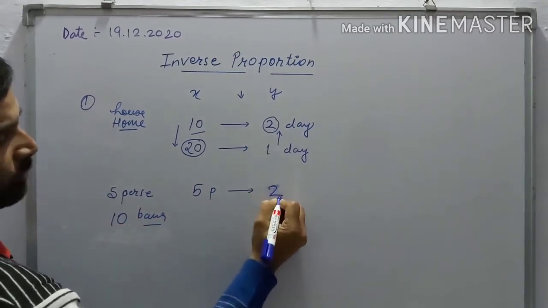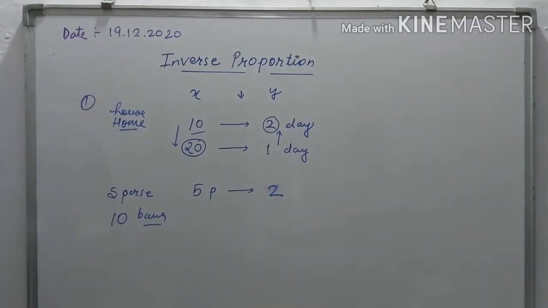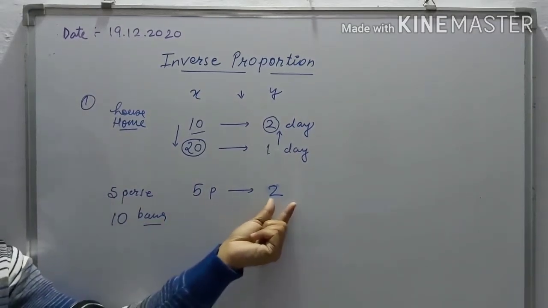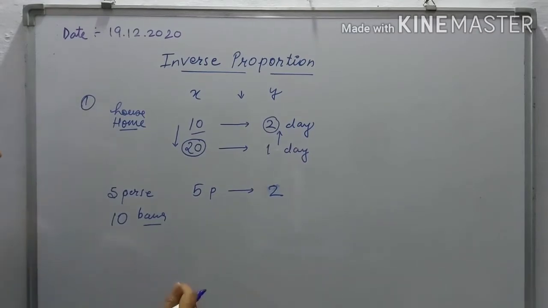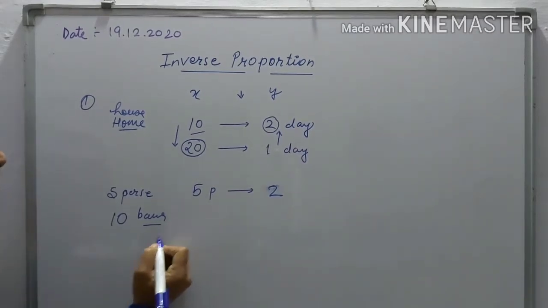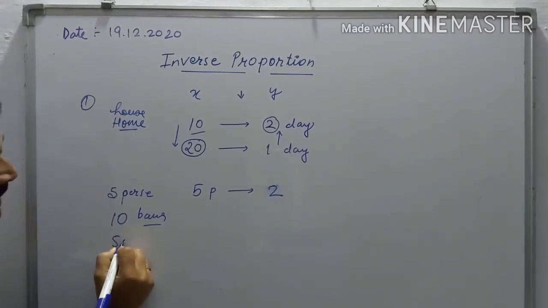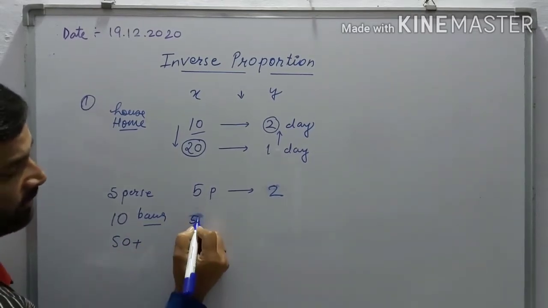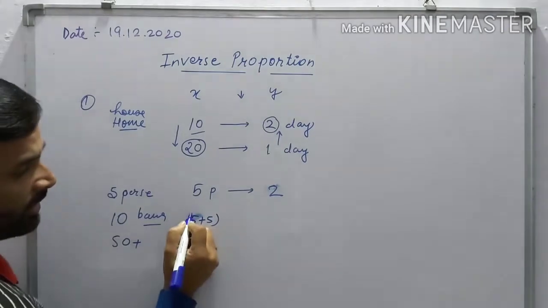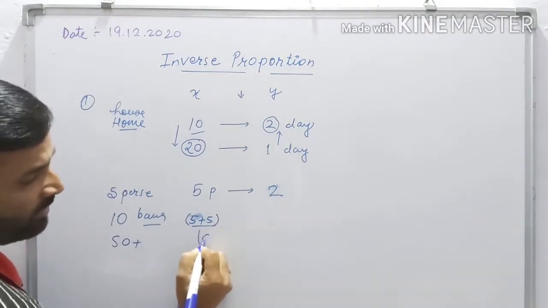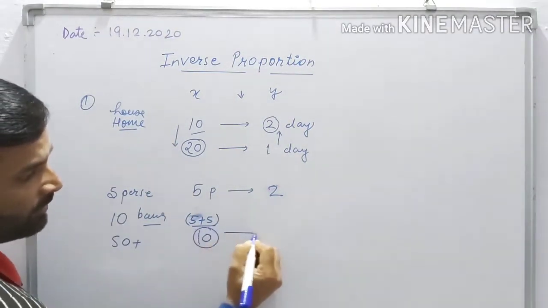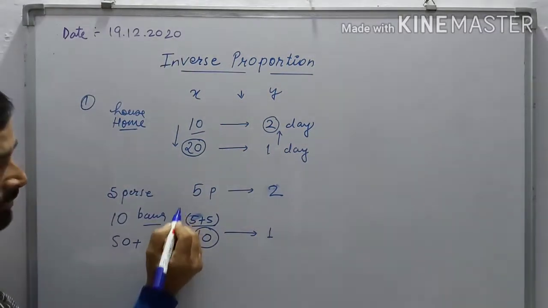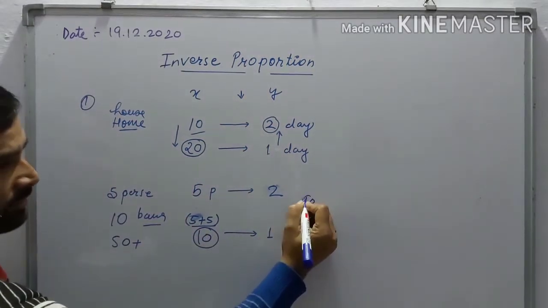Each will get 2. The total number of bananas is 10 and the persons are 5, each getting 2. Suppose 5 friends come, so the total number of persons is 10 and the bananas will be distributed, each getting 1, because the number of bananas is fixed at 10.